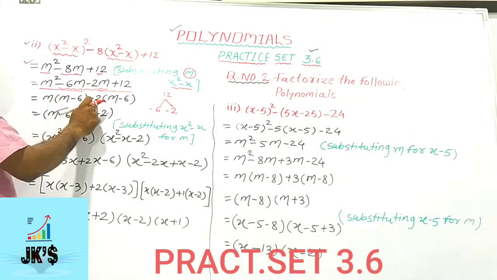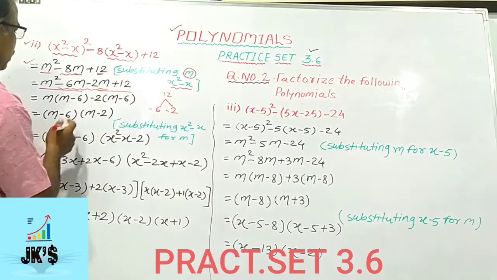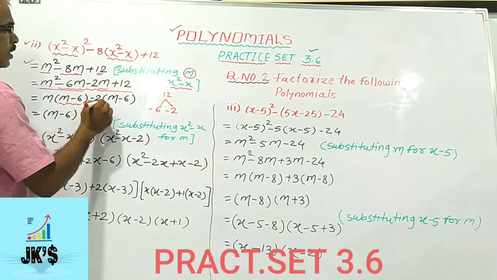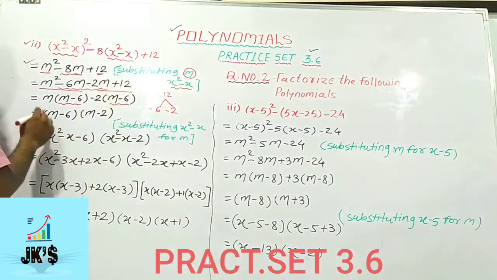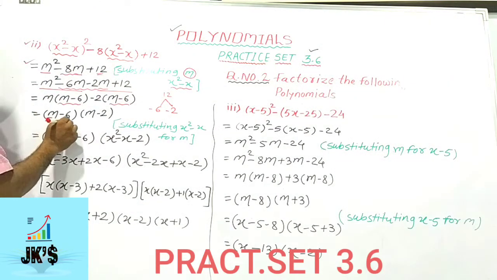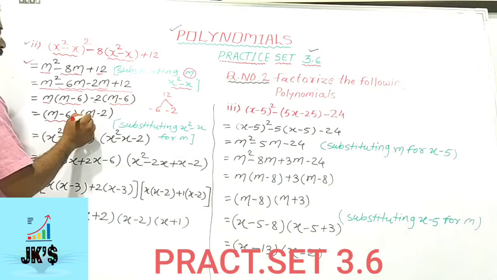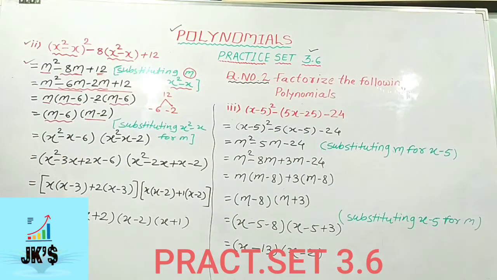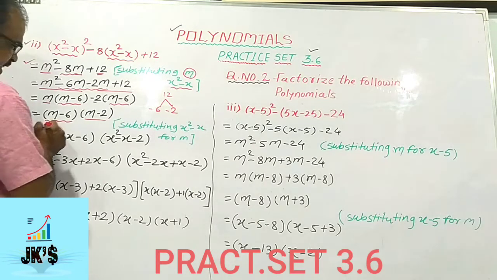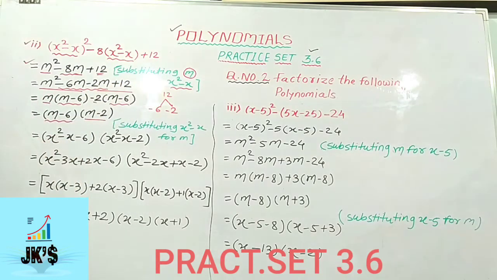Minus 2 is taken common, m − 6. m − 6 is common, so we take it out, and in the second bracket, m − 2. The factors of m² − 8m + 12 are (m − 6) and (m − 2).